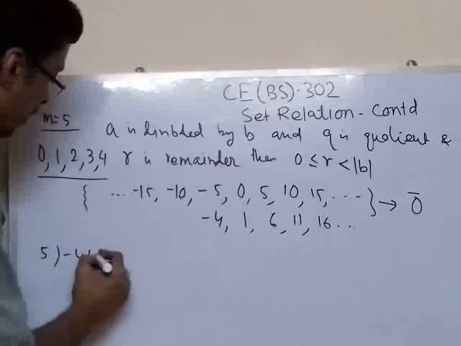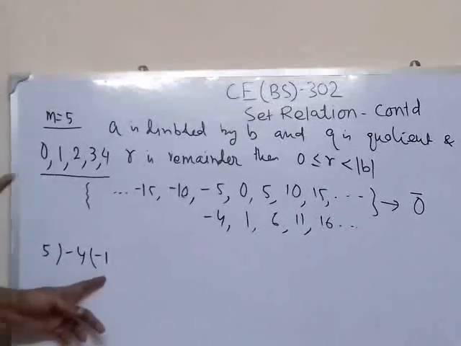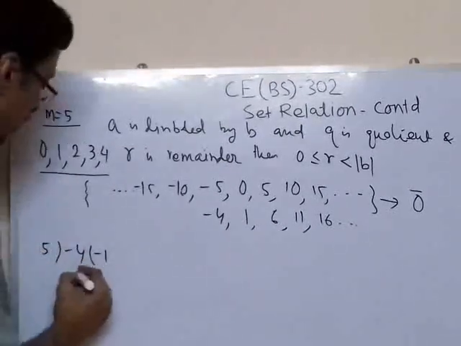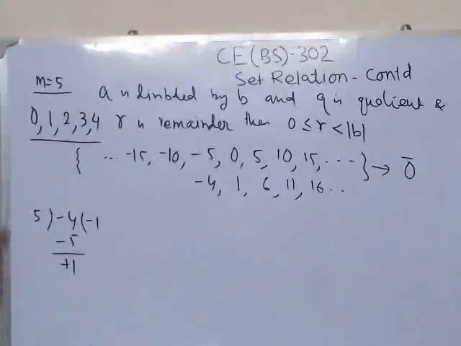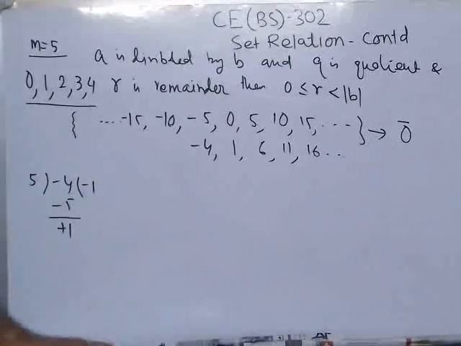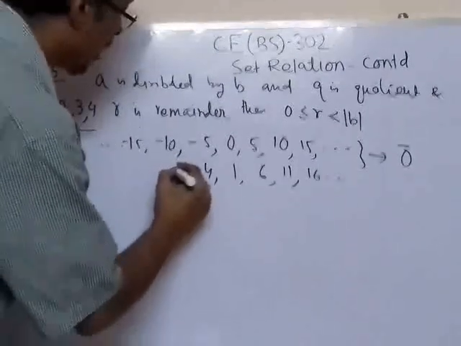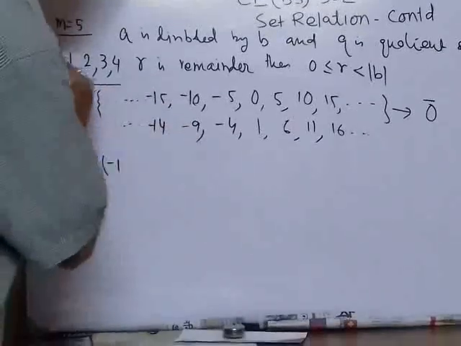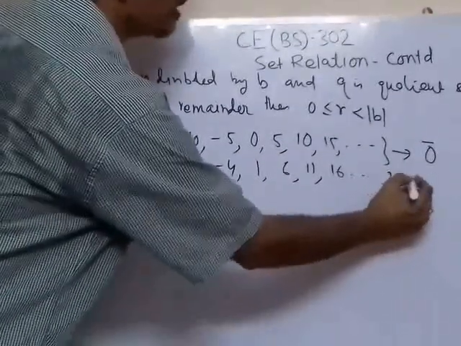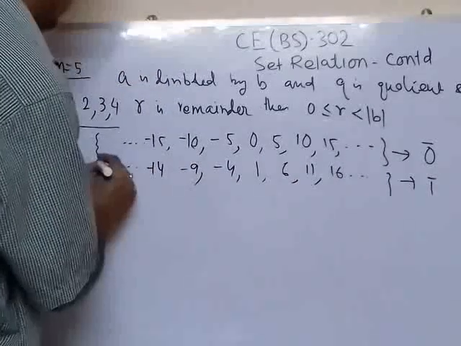That means the quotient may be negative: minus 5 times 1 is minus 5, and this is plus 1. So this is the Euclidean division. According to this it is minus 4, then minus 9, minus 14 this way, and this will be 16. Let it be denoted by 1 bar.